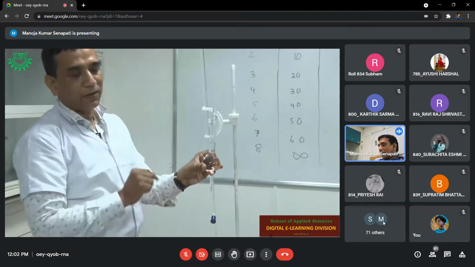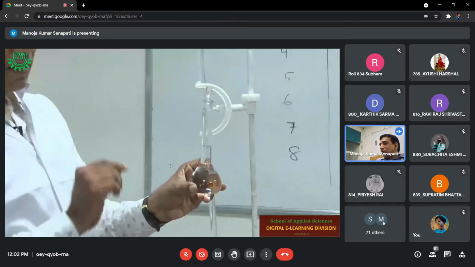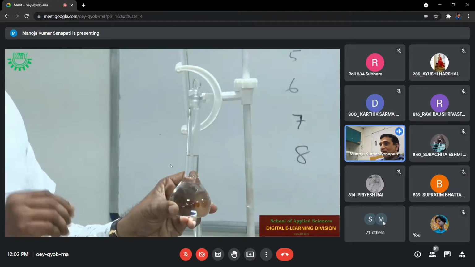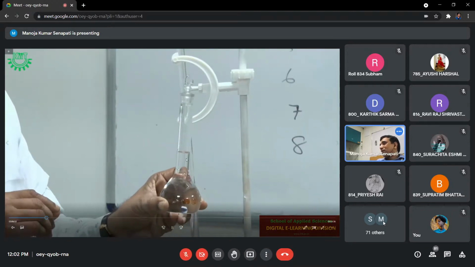So now the volume is adjusted, and now the measuring flask contains exactly 100 ml of dilute HCl.